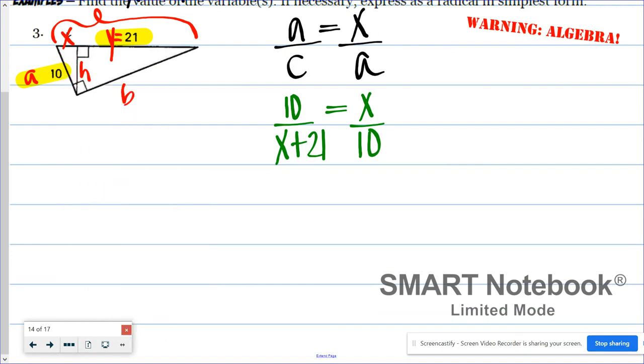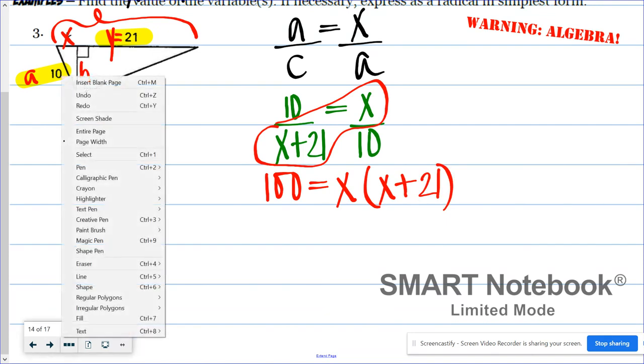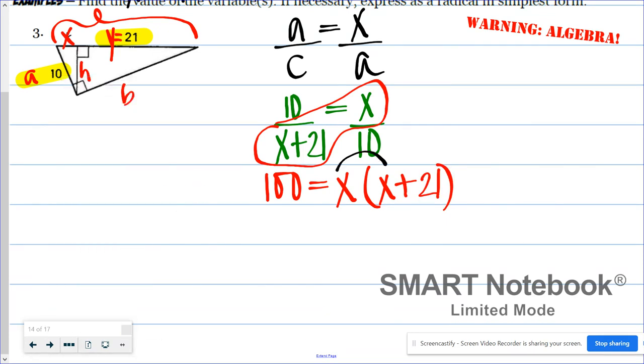So I'm going to go 10 times 10 is 100, and X plus 21 times X. So I'm going to write it like this first, okay, because I have to be careful here. I need to make sure that I distribute the X. So X times X is X squared, and X times 21 is 21X. So this is where we're at right now, okay.